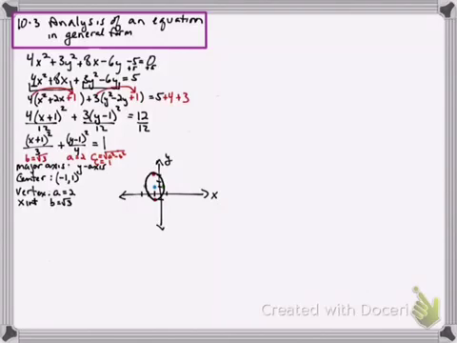So the foci uses c. We know c equals 1 from up above, and that's also in the up-down direction, because the major axis is parallel to the y-axis. So up 1, and down 1, and there are the foci.